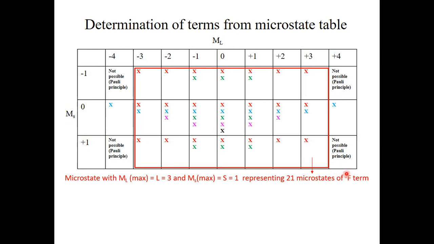So my term is a 3F term. Okay, and in this 3F term, we have 21 microstates, which can be easily seen from this box, because in this direction here, we have 7 microstates, 1, 2, 3, 4, 5, 6, 7. And in the other direction, we have 3 microstates, and 7 times 3 gives 21 microstates.